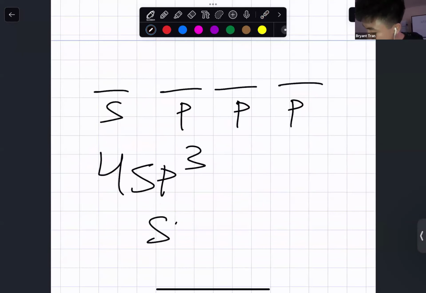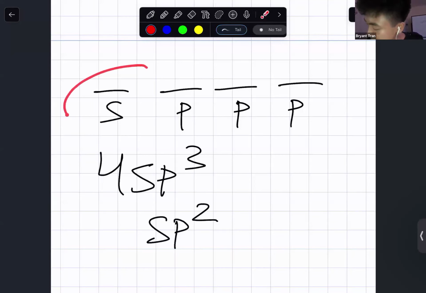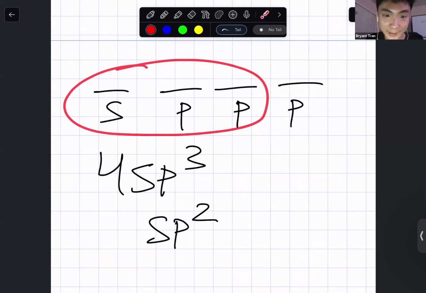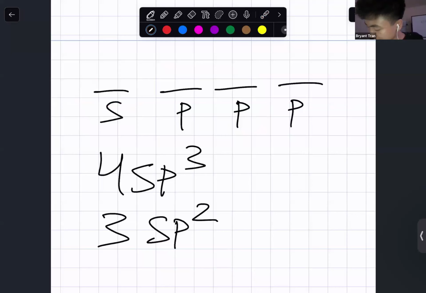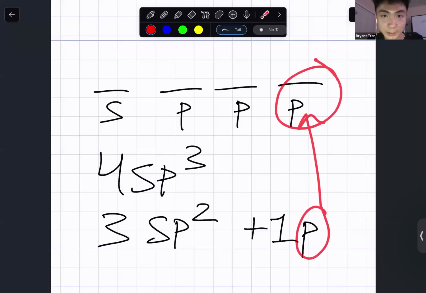If an atom is sp2 hybridized, that means that we're combining these 3 orbitals together, right? 1s and 2p orbitals together to create this sp2, right? And because there's 3 of them, 1, 2, 3, that's going to be 3 sp2 orbitals plus 1 unhybridized p orbital, which is this one unhybridized p orbital right there, right?